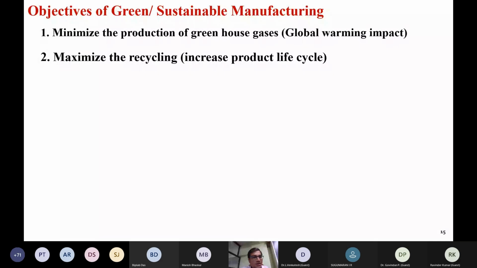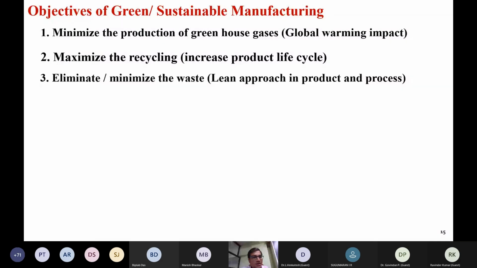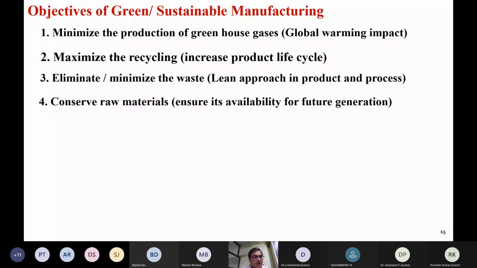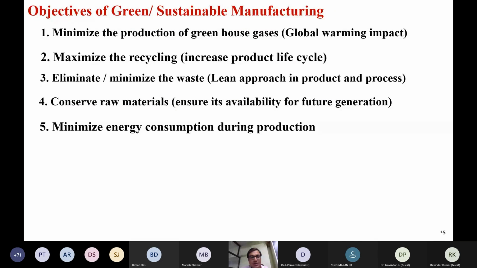Eliminate or minimize the waste. Lean approach in the product and process both. Conserve raw material, ensure its availability for future generations. Then only you can say that they are thinking towards sustainability. Minimize energy consumption during production, develop products that consume minimal energy during operation, eliminate non-eco-friendly processes in manufacturing.